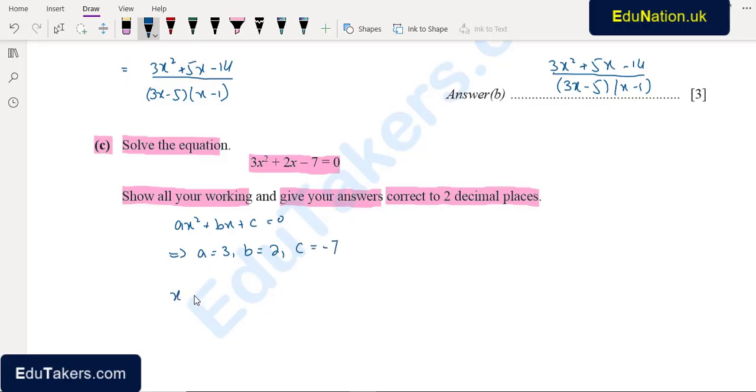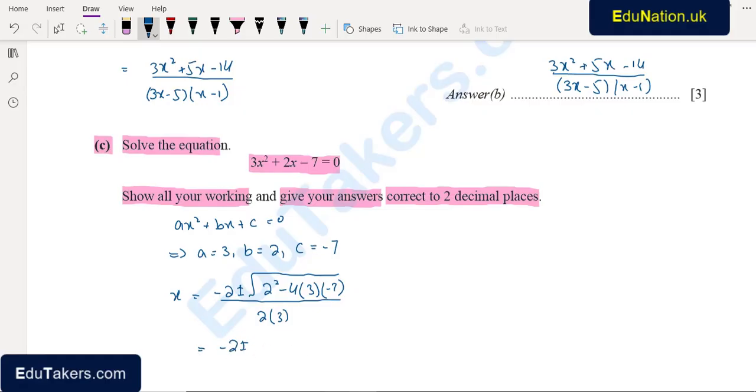Now by the quadratic formula, x will be equal to −2 ± the square root of 2² − 4 times a, which is 3, times c, which is −7, over 2 times 3.